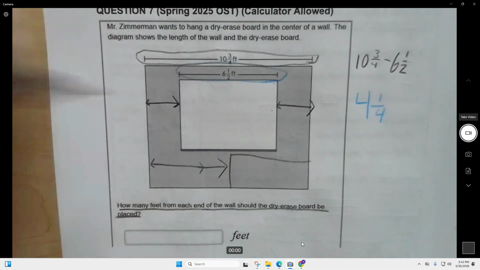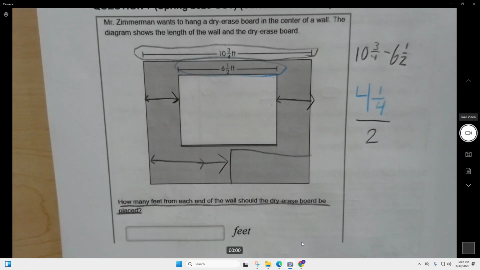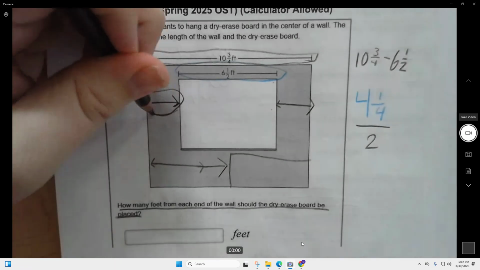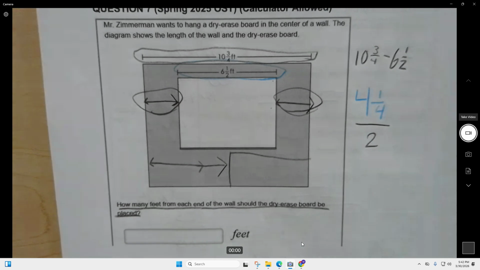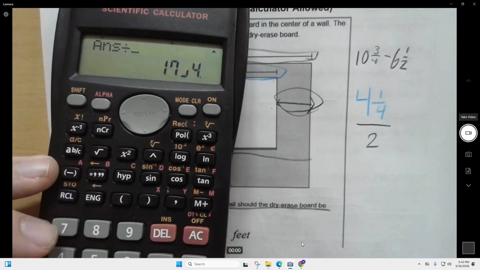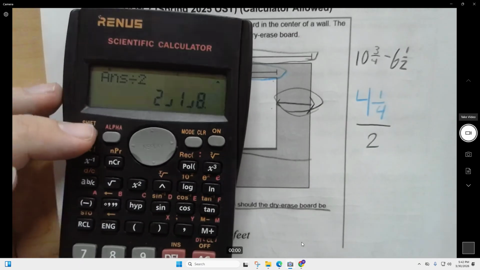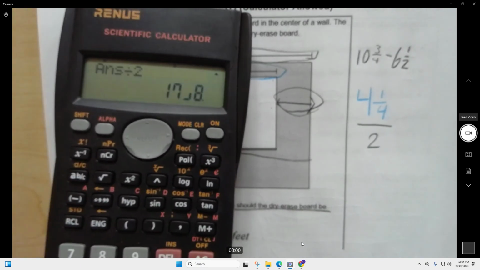How do you get it in the middle? You divide that by 2. Because this and this should be the same if you want it perfectly in the middle. So how do you make it the same? You cut it in half. So 4 1/4 or 17/4, just hit divided by 2, 2 1/8, or 17/8.